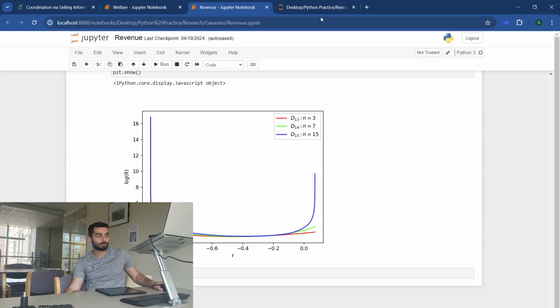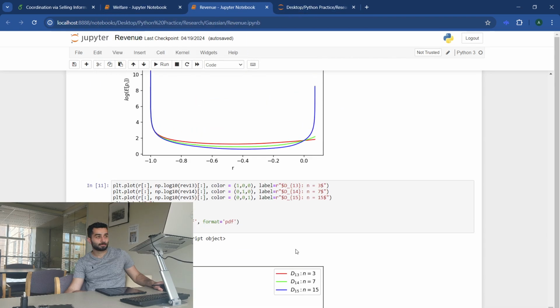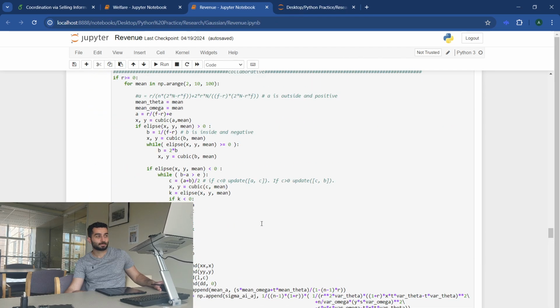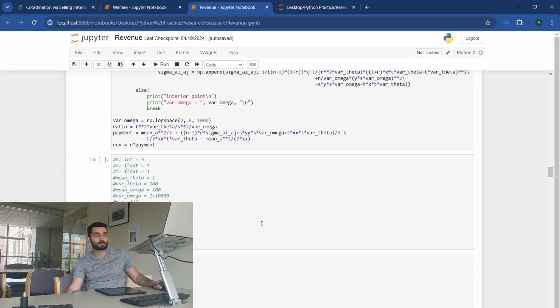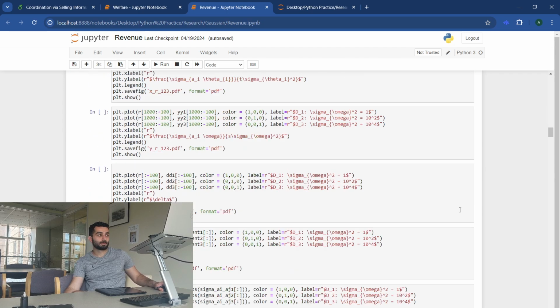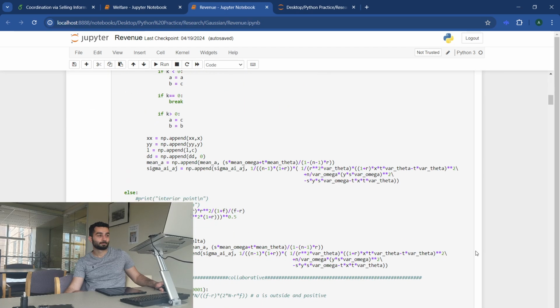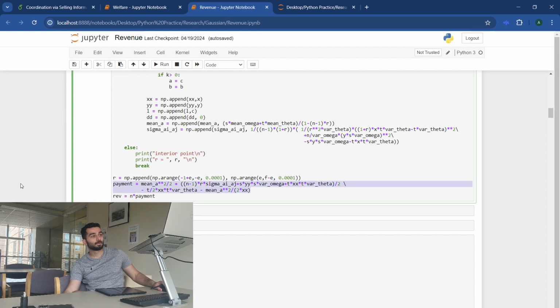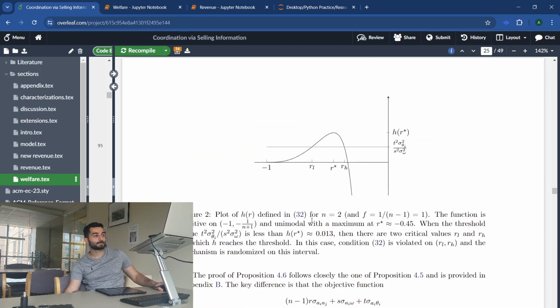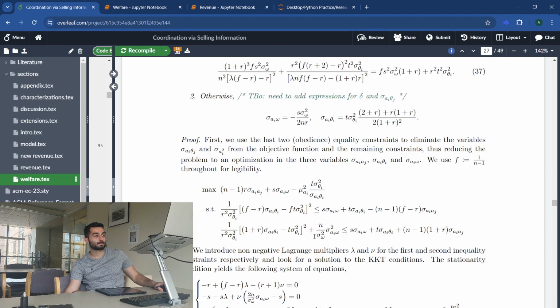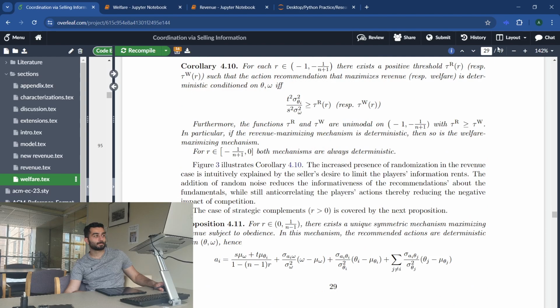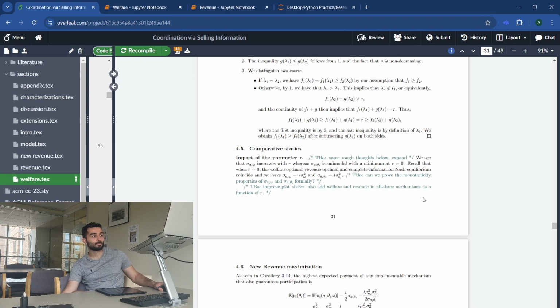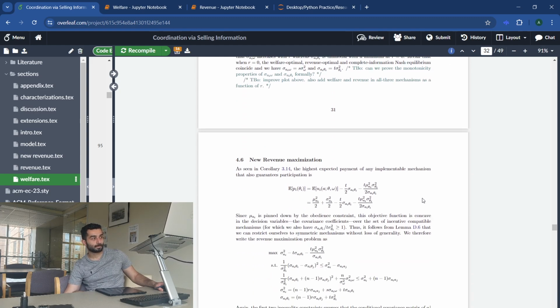So where do we have this formula from? The derivative of payment, so this is the formula when we have the optimal revenue, right? So here we have it.